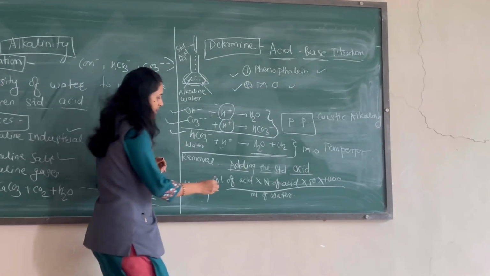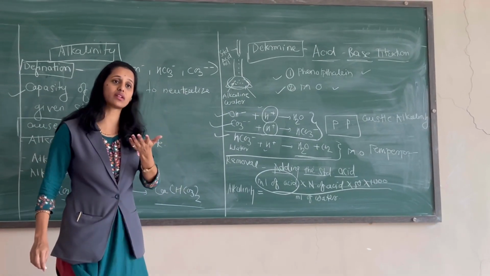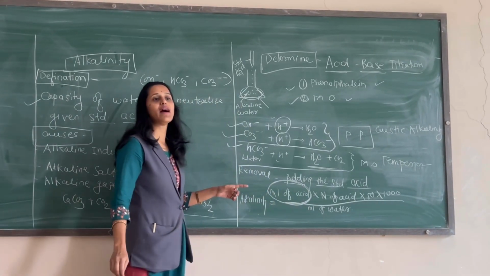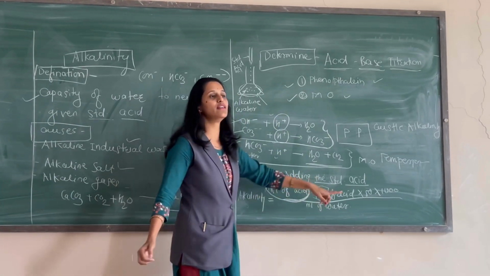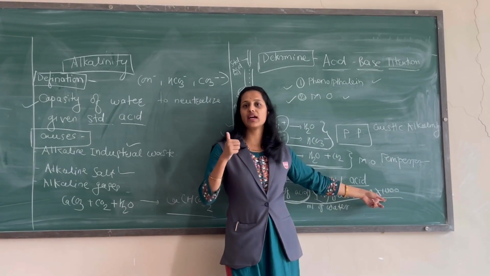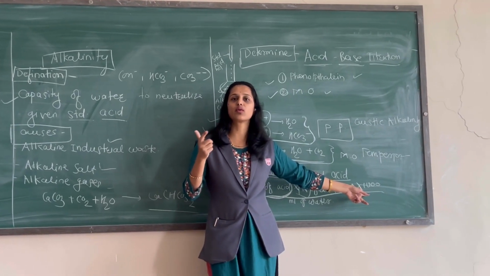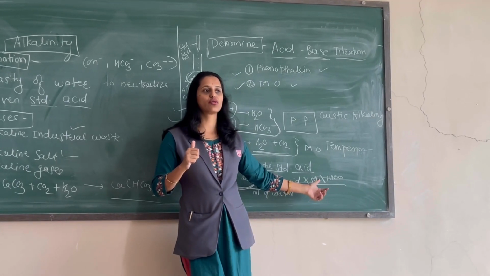So you have to determine the ml of acid. If we want to determine the total alkalinity, we take the ml of acid used into the normality of acid into 50. Why? Because we are expressing all parameters as equivalent to CaCO3, and the equivalent weight of CaCO3 is 50.